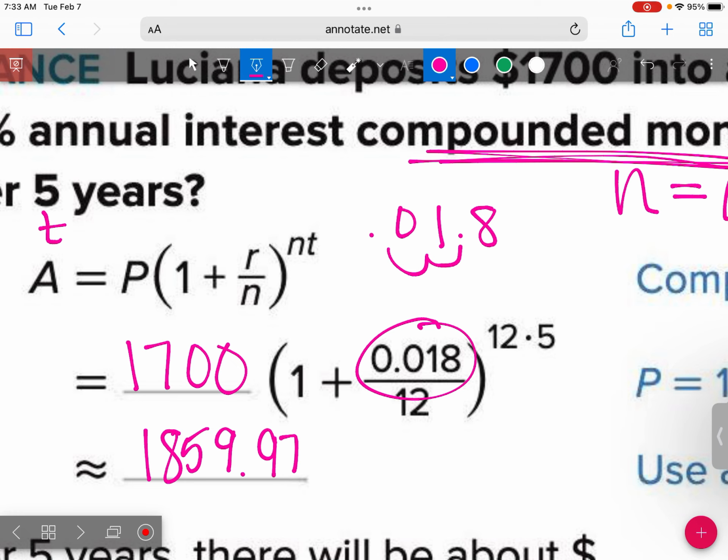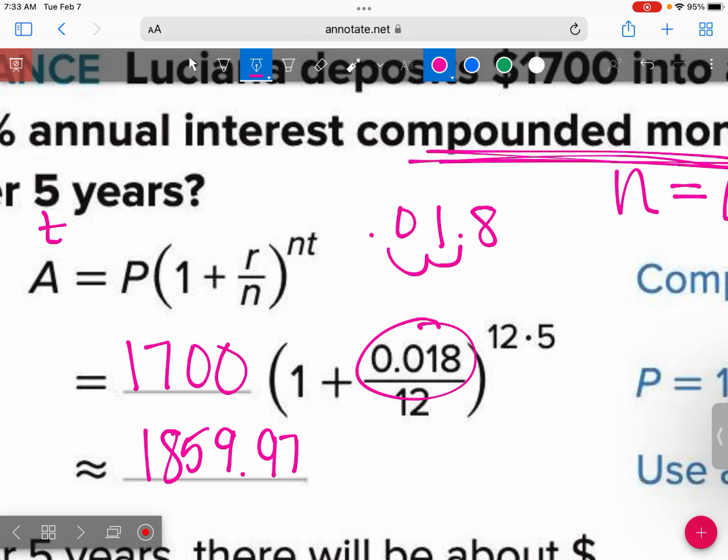And then when we take it to the power, key thing here, this is not 12.5. I heard from another teacher that was something their classes were struggling with. We're multiplying 12 times 5. So if it's easier, before you plug this in, multiply your n times t, and you would get 60.